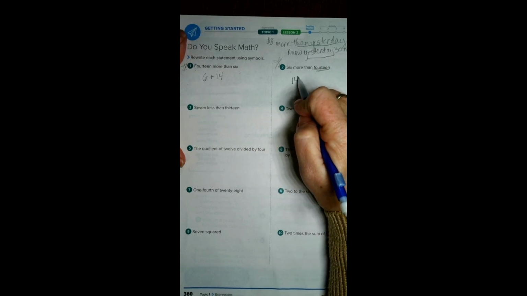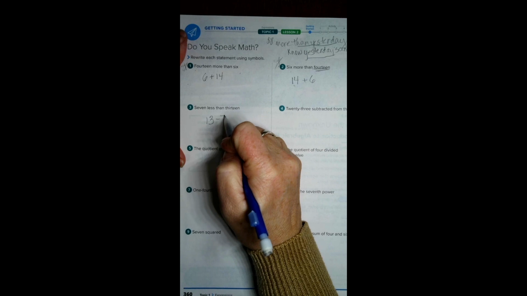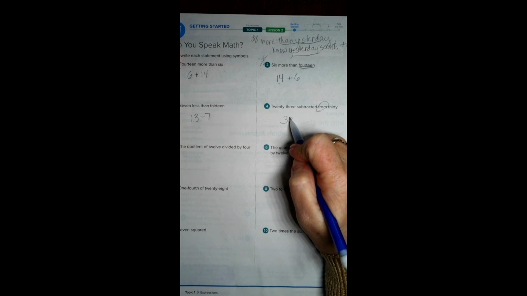So I'm starting with 14, and now I have 6 more than that. 7 less than 13. So less than is subtraction, so we do 13 minus 7. 23 subtracted from 30. So I'm going to do 30 and subtract 23 from that.